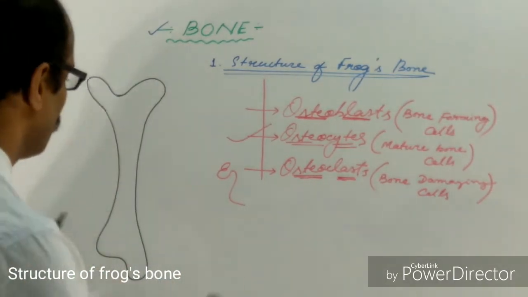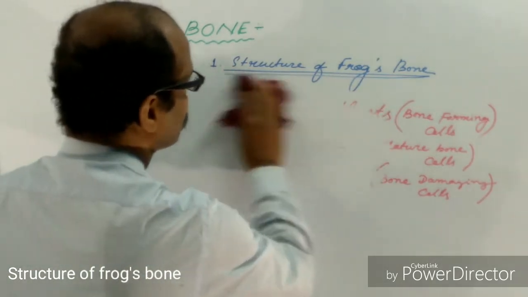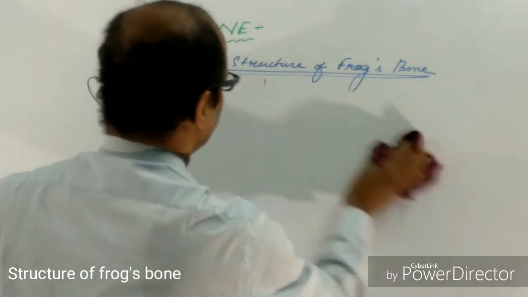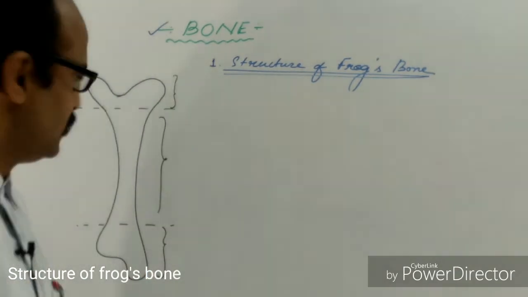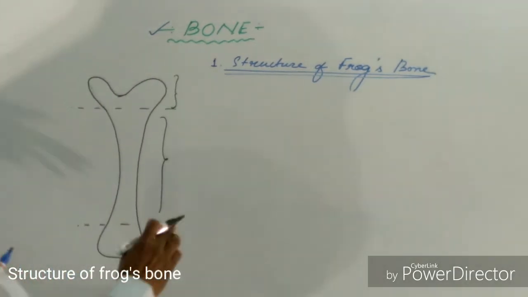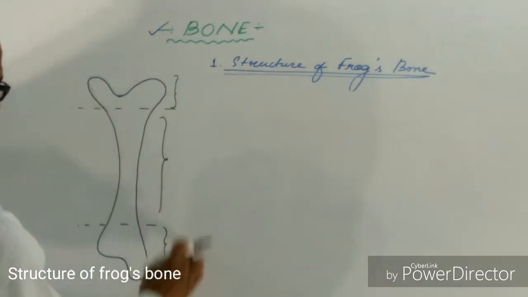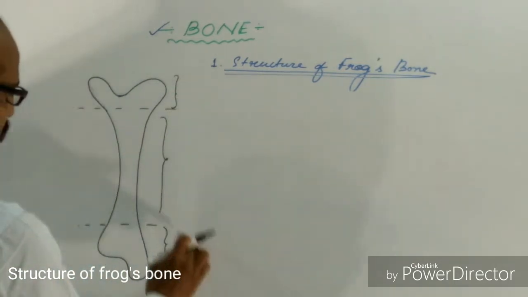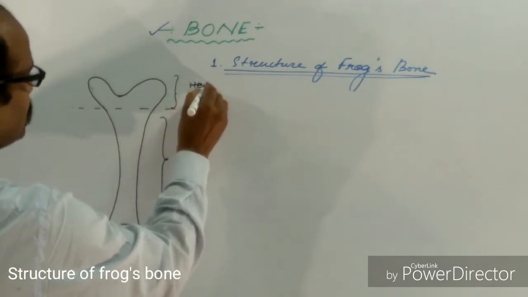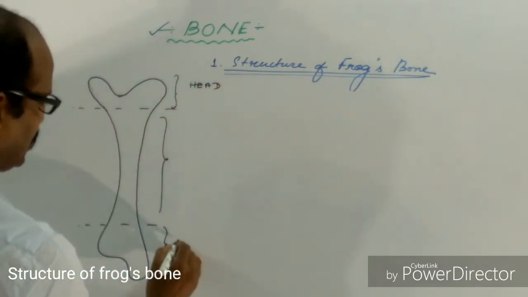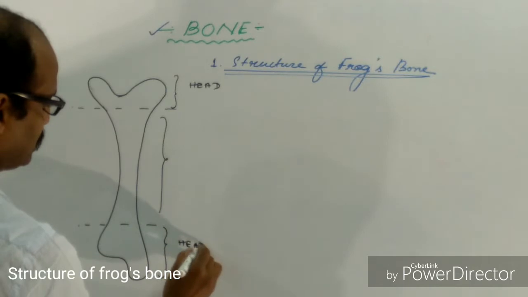Suppose that this is the humerus bone of frog, and such a bone is divided into two parts. These are the upper end of the bone, which is known as the head, and this is also a head.